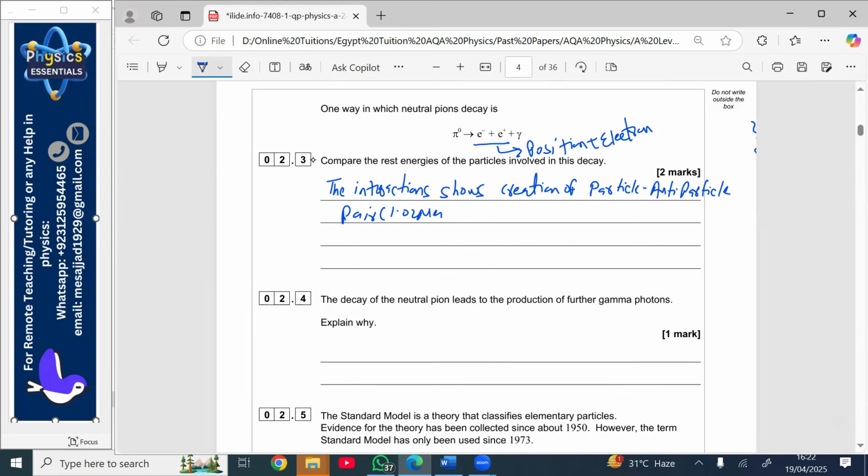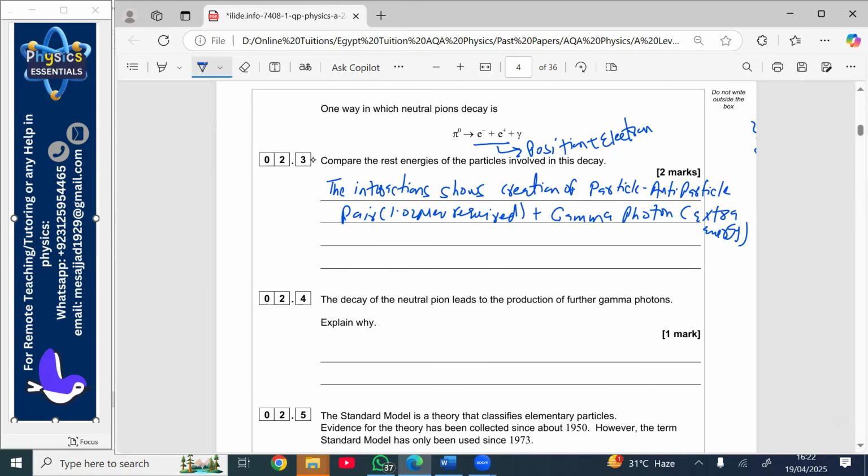1.02 MeV required, plus a gamma photon, which is also energy, extra energy, okay? Because you need to have some extra energy to create this photon.